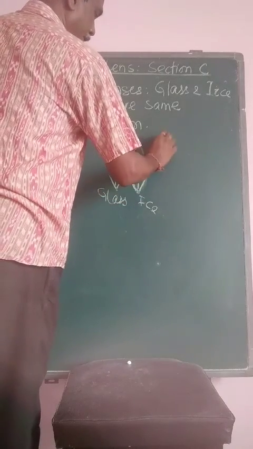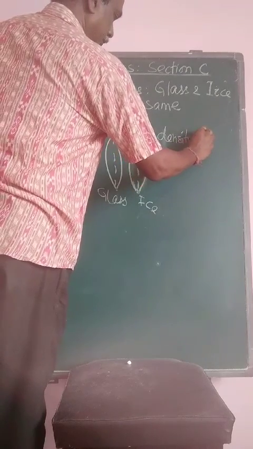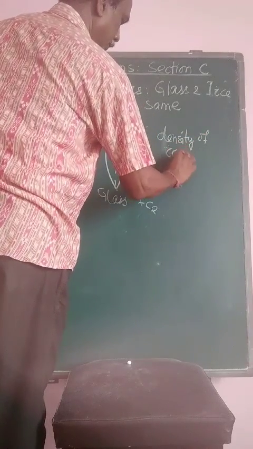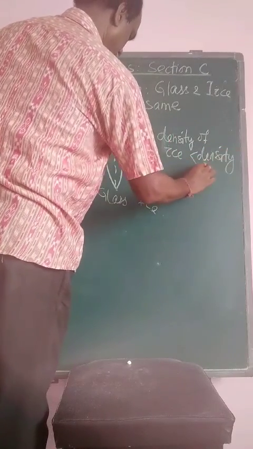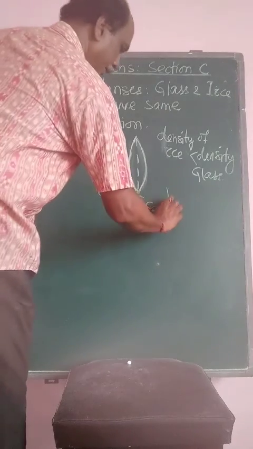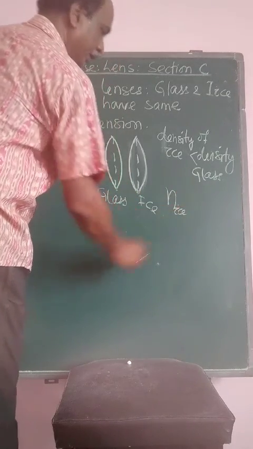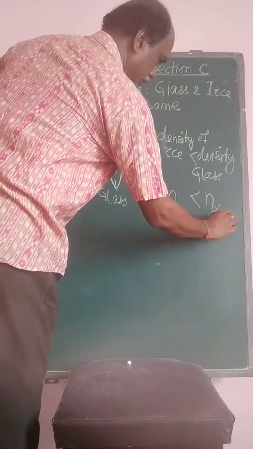Density of ice is less than density of glass. So here refractive index of ice is less than refractive index of glass.